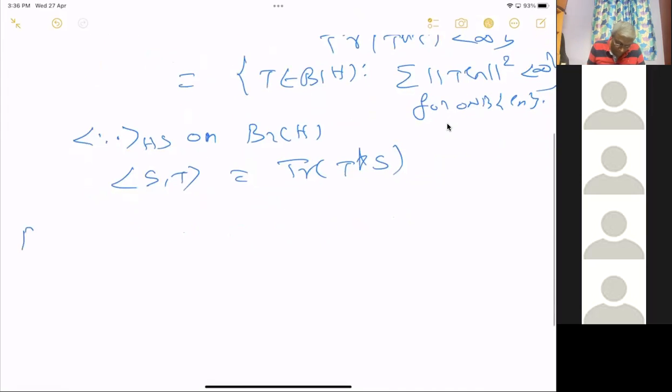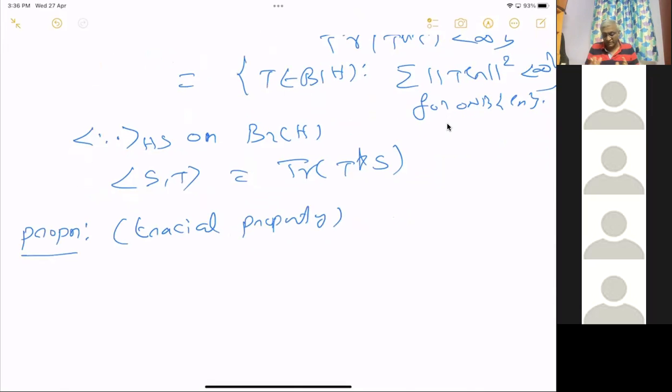Now we prove the following proposition, which is called the tracial property. We have defined something called trace, and we want to make sure it is actually a trace, that it satisfies the tracial property. First we have to make sense of the product, so the product should be trace class.